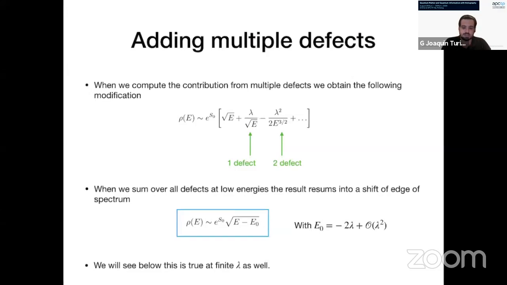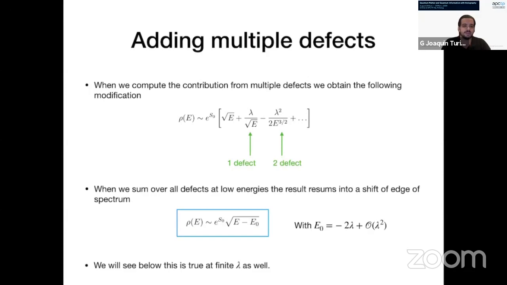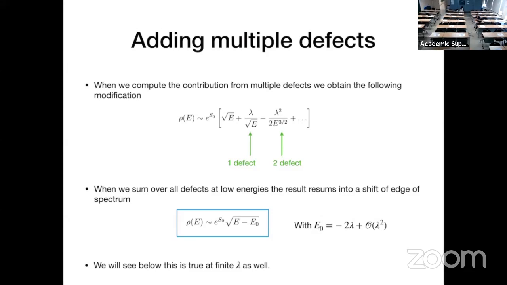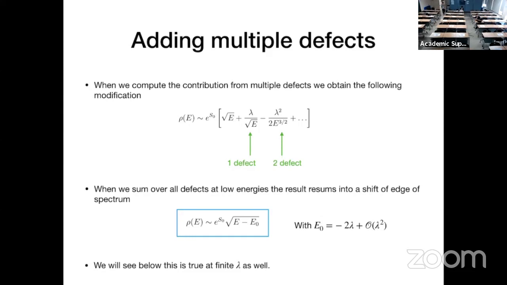So this just comes from one defect. I'm sorry, I don't know how to say it in a different way, but you just look at what happens when you include one defect, and the correction from one defect becomes large at low energies. But what is the origin of this 1 over square root t? Technically, if you don't have a physical picture, maybe the technical origin is also helpful.